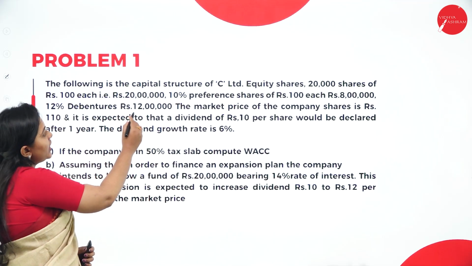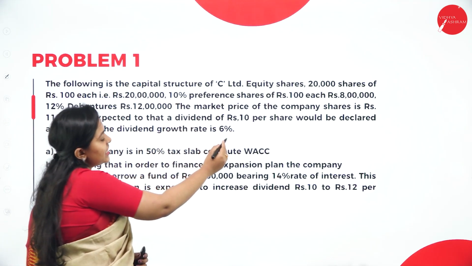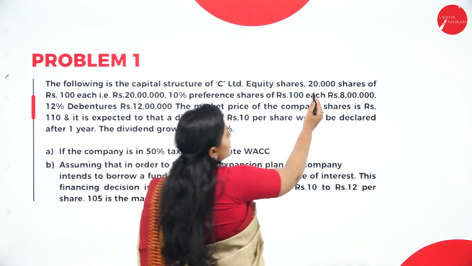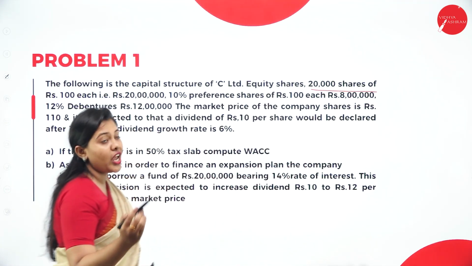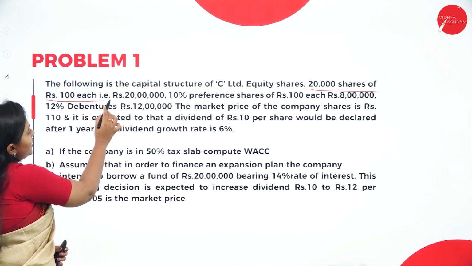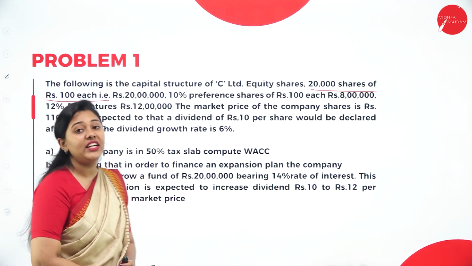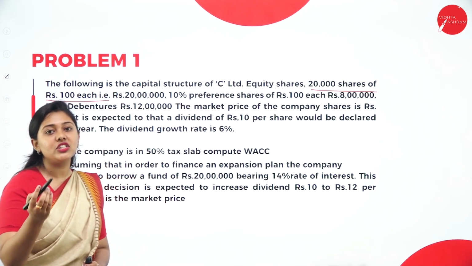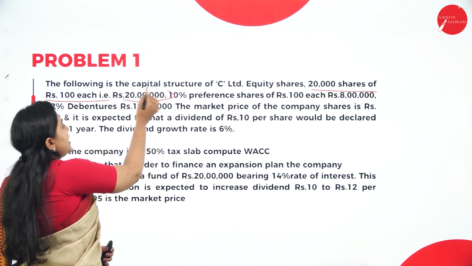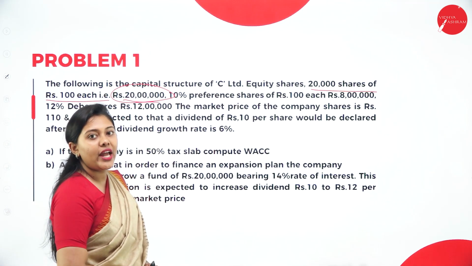The following is the capital structure of C Limited. Equity shares: 20,000 shares of rupees 100 each, of rupees 20 lakh. So what is the equity share value? 20 lakh is the equity share value.